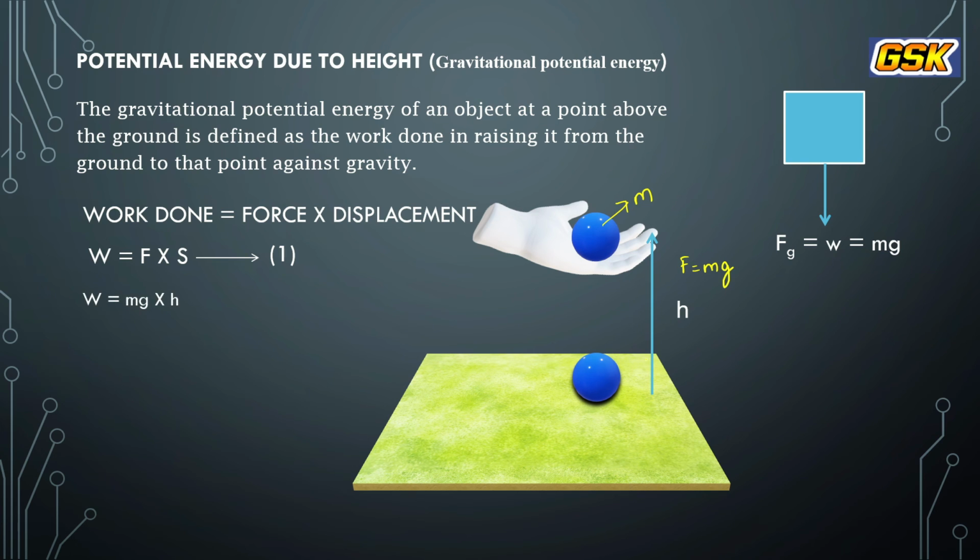And displacement, how much displacement? It is raised to a height h, which is the displacement. So work done is equal to mgh.